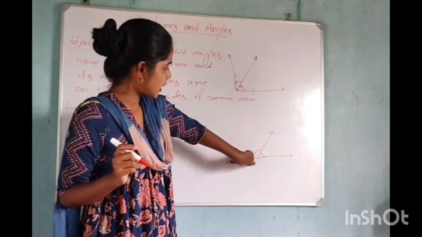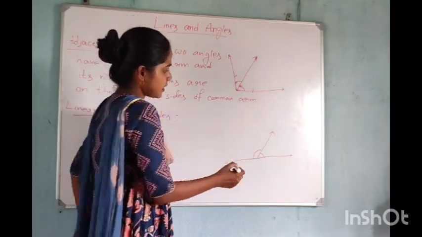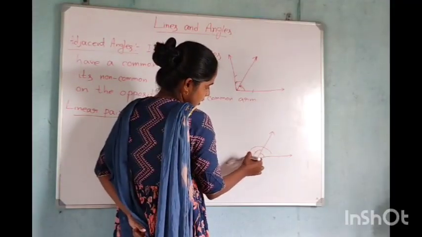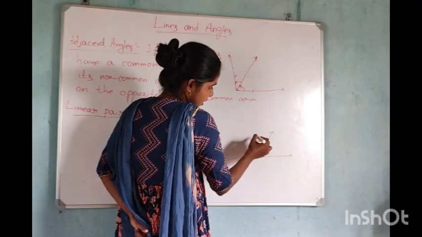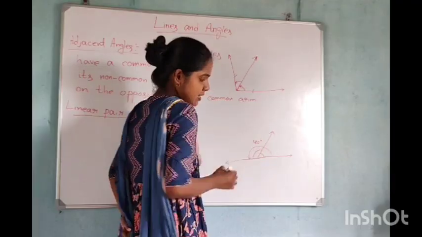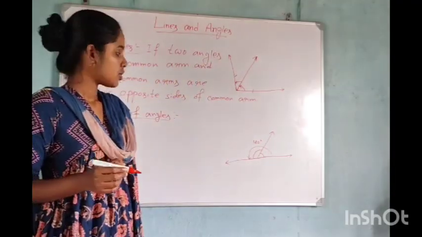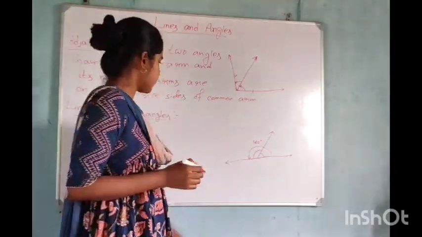Because of the opposite ray, this makes a straight line, and this whole angle is what? This whole angle is 180 degrees. So that means the sum of these two angles will be 180 degrees. So that's why they are called linear pair of angles.